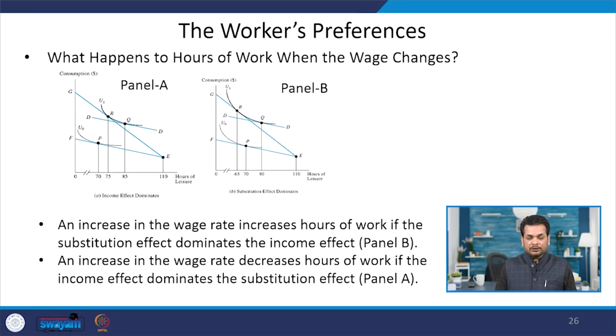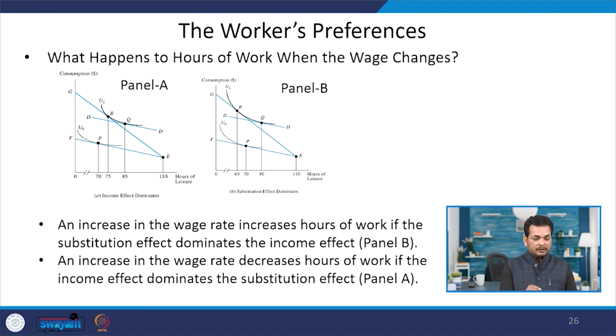So, when we compare these two panels, we are getting contradictory results. In panel A, the income effect dominates over the substitution effect, whereas in panel B, the substitution effect dominates over the income effect.